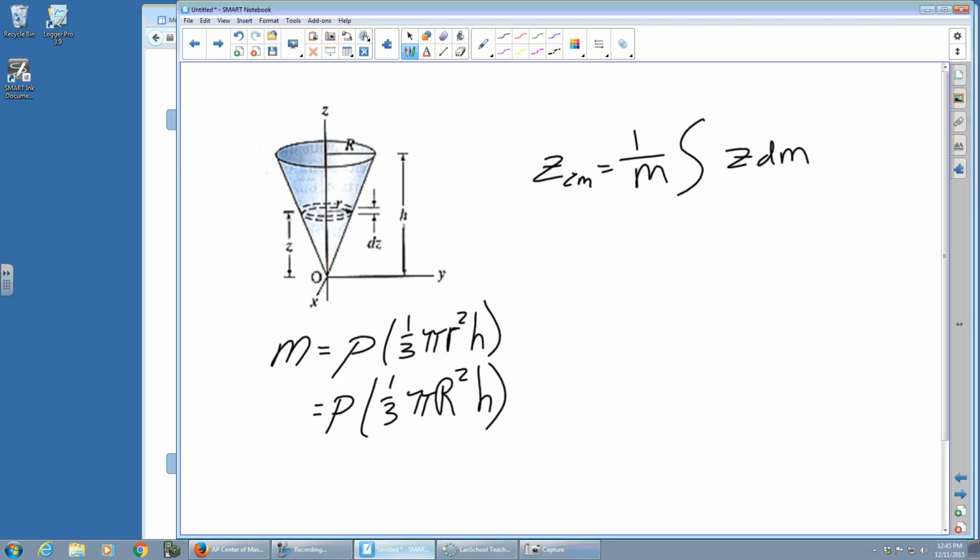So we can rewrite this now as 3 over pi big R squared times h, integral of z dm.